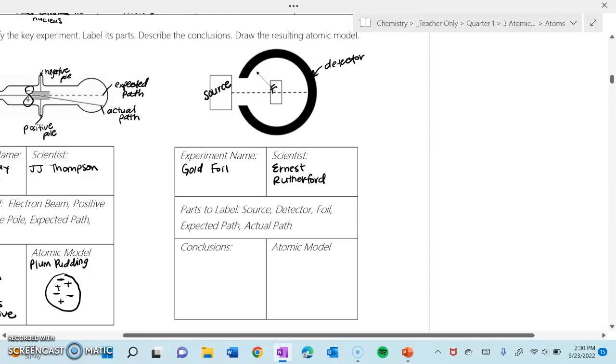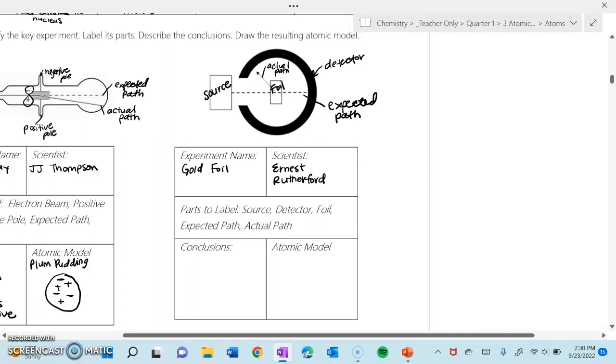And in the middle we had some gold foil. And what was expected was, again, the laser was supposed to just go straight through.